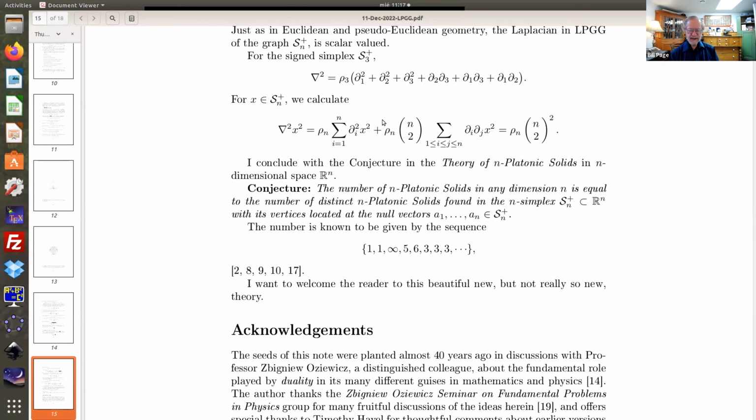Dr. Hestenes presented a lot of his earlier ideas in Poland, right? And Oshevich was one of the people involved in those seminars, and it was Clifford algebra.